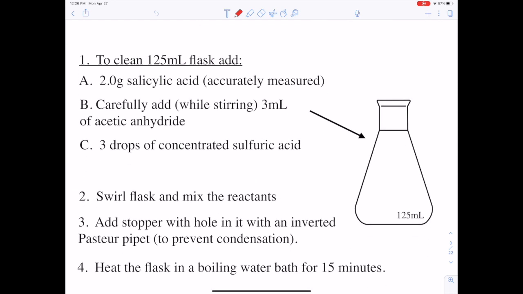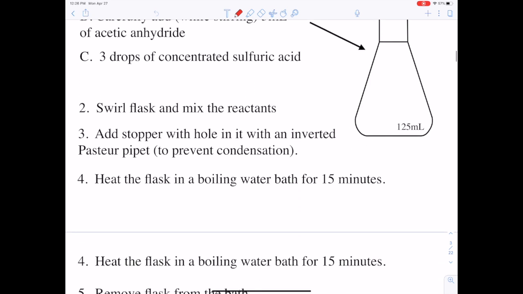It involves having a flask to which we add salicylic acid, and we measure that accurately so that we can determine the theoretical yield. And then we add the other reactant, acetic anhydride, and it's about 3 milliliters of that. But we know with these quantities that salicylic acid is going to be a limiting reagent, so we don't have to be too accurate with the acetic anhydride quantity.